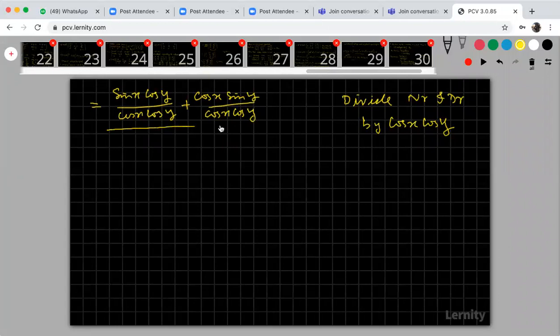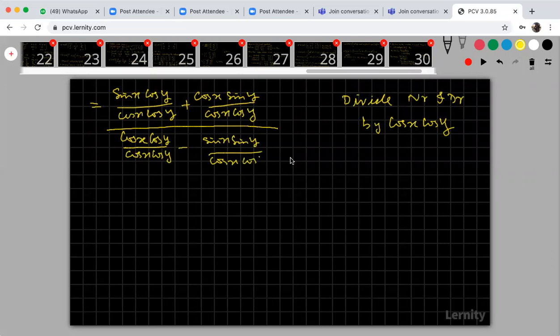Okay, whole divided by, this is cos x cos y divided by cos x cos y, minus sin x sin y divided by cos x cos y.